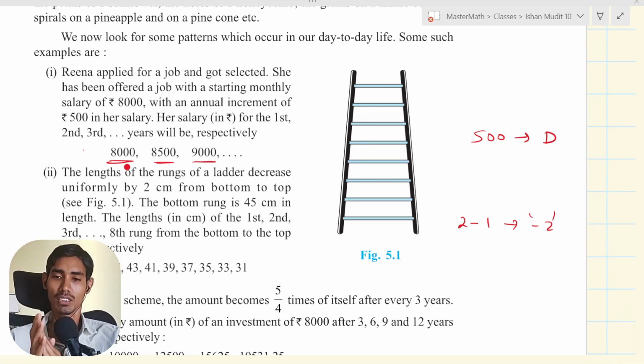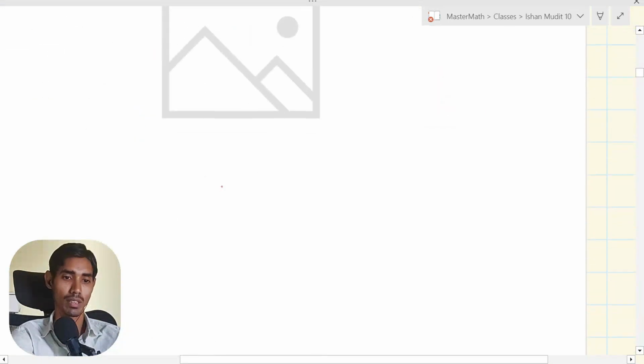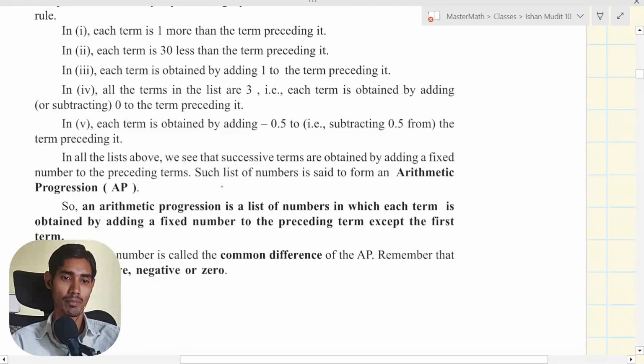So whenever the consecutive terms of a series of numbers have a common difference, a fixed difference between the consecutive terms, it is called an arithmetic progression. So we'll go to the NCERT definition.